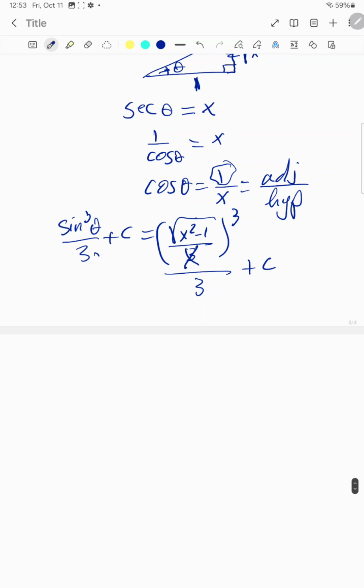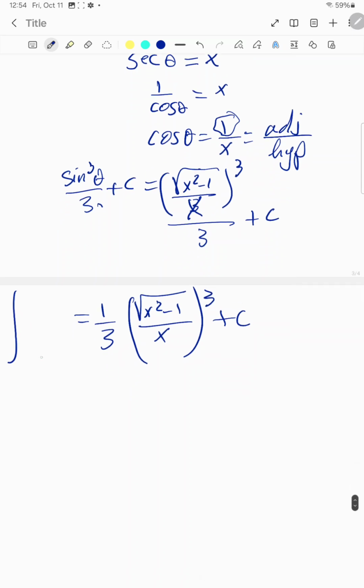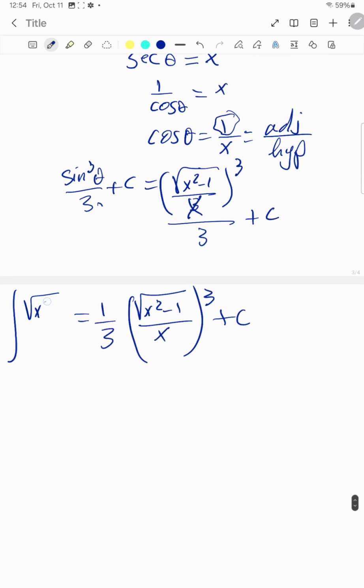So I can write it as 1/3 times the square root of x squared minus 1 divided by x, all to the power of 3, plus c. And this is the integral of the square root of x squared minus 1 divided by x to the power of 4 dx.